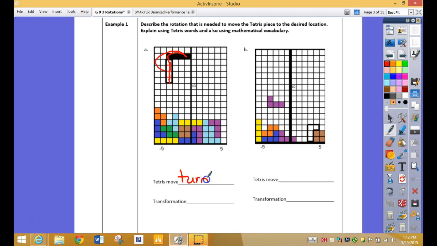Turn or... Well, rotate is our transformation, a rotation. A slide was our translation. How about another one we talked about? Spin. That was another good one. Some refer to it as a spin. A flip is a what? That's our reflection. Correct.